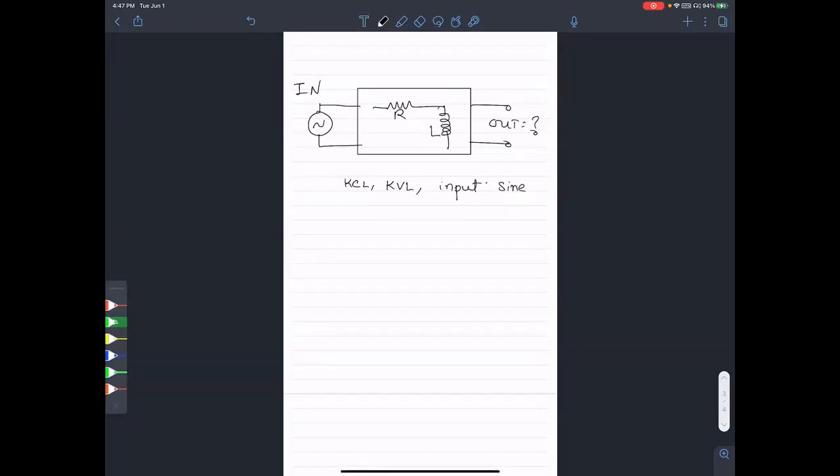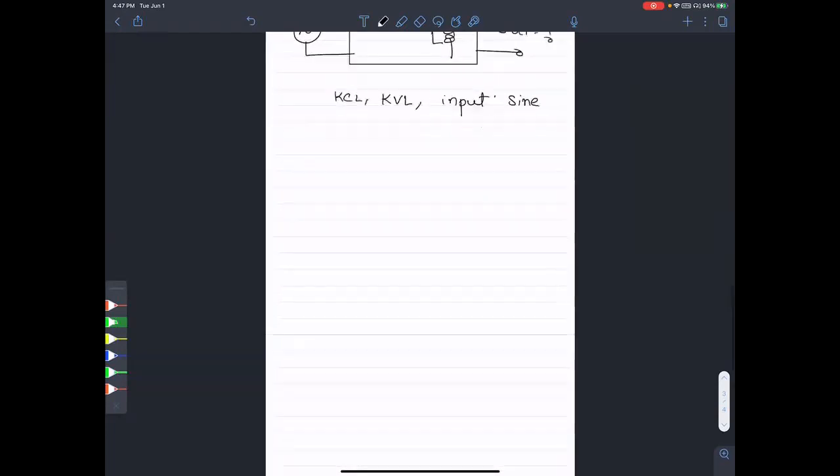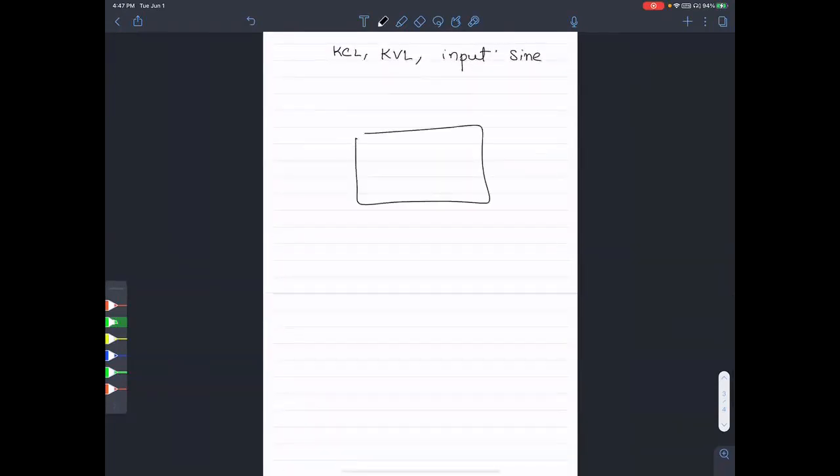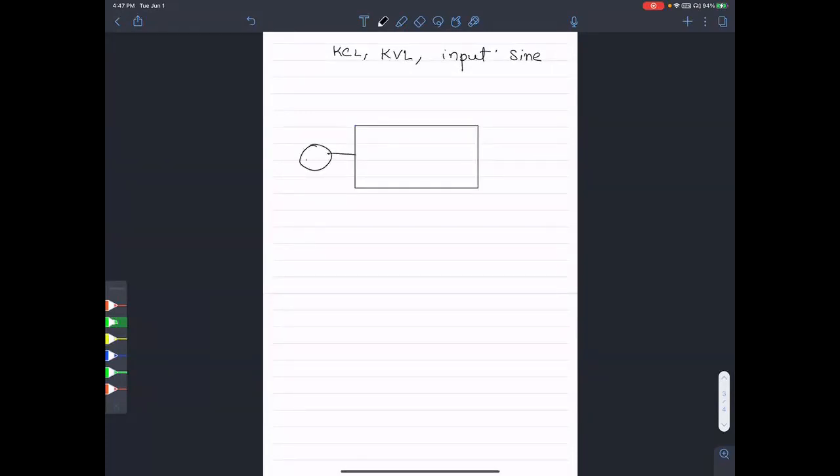How does the circuit respond when the input is a sinusoid? How do you apply the KCL, KVL, the frequency domain, that kind of interesting stuff. But the main thrust again is if you have a circuit and you're interested in applying a signal that is time varying.